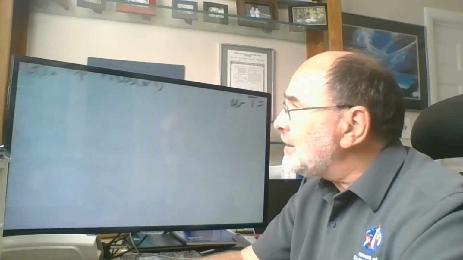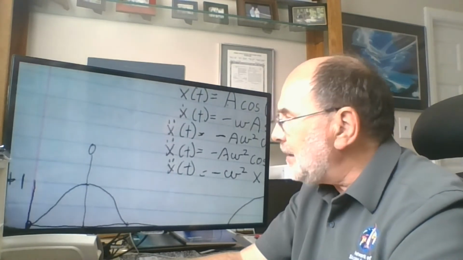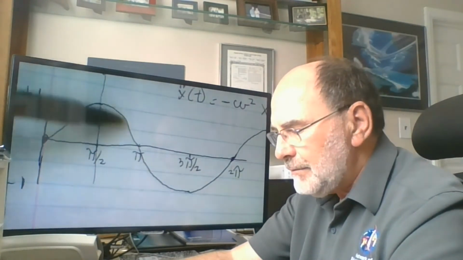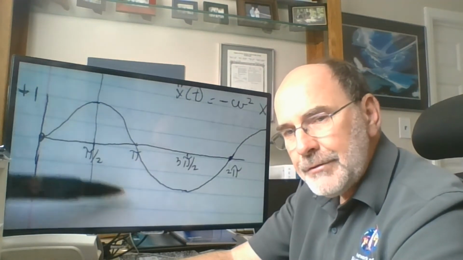So let me just try to start a little bit fresh from here and say, when you have gone through a period of time equal to 2 pi, you have gone through one period of this trig function.